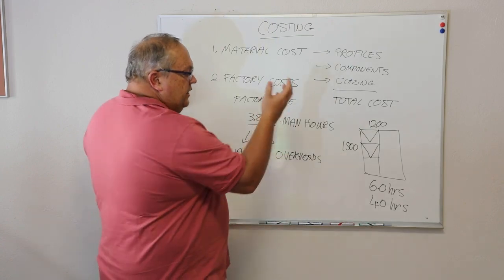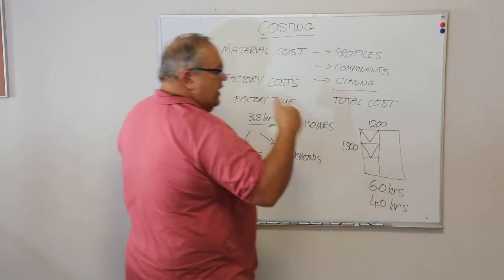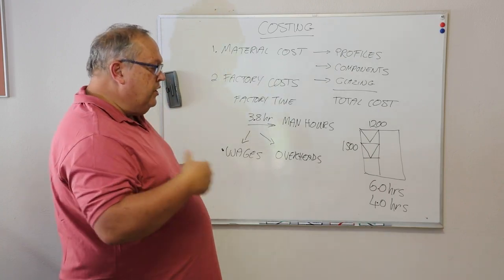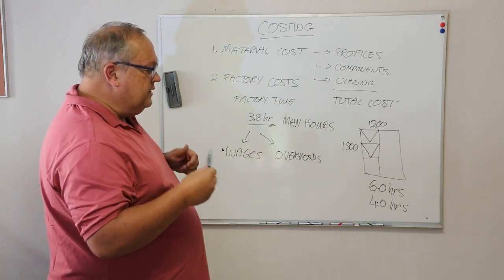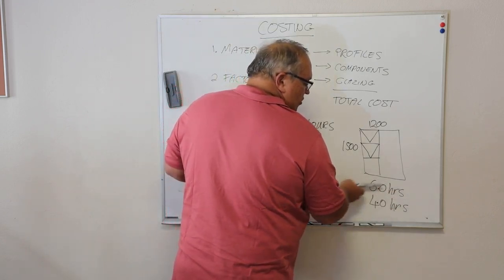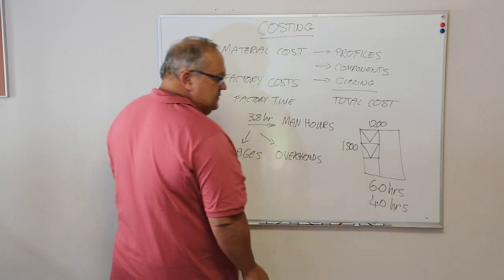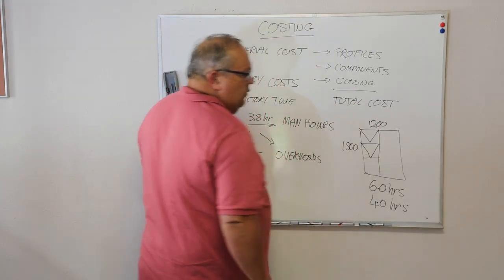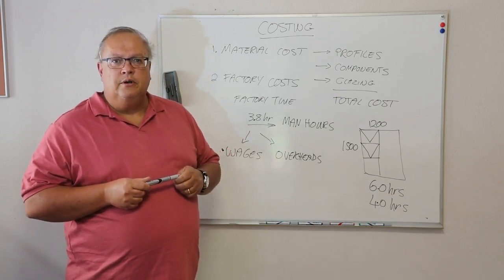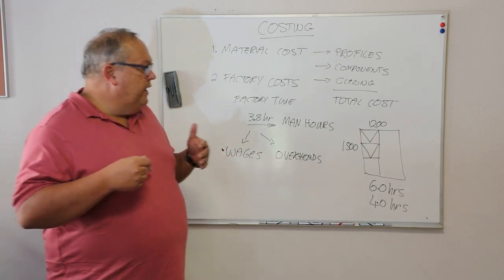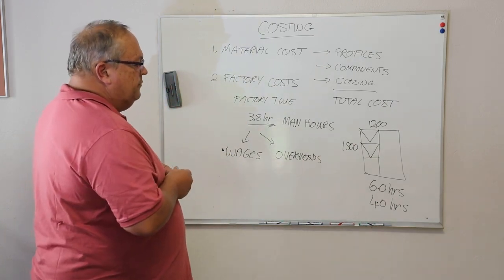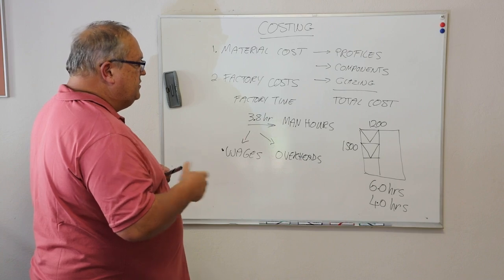And I need to take each of those processes and increase them by 50%. Then when I go and recost this window or recalculate it, it will increase all of my factory labor by 50%, and I will come closer to my 6 hours worth of labor that I want. So that is a little exercise that you have to do to get your system allocating an accurate amount of time.